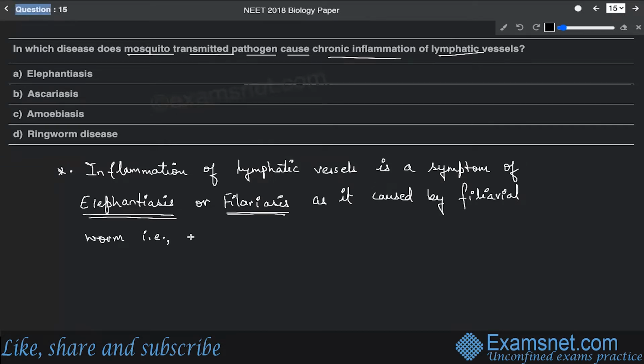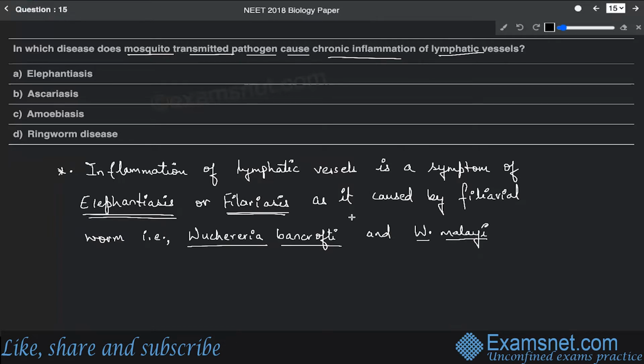Those filarial worms are Wuchereria bancrofti and Wuchereria malayi. So there are two species responsible for causing this disease.